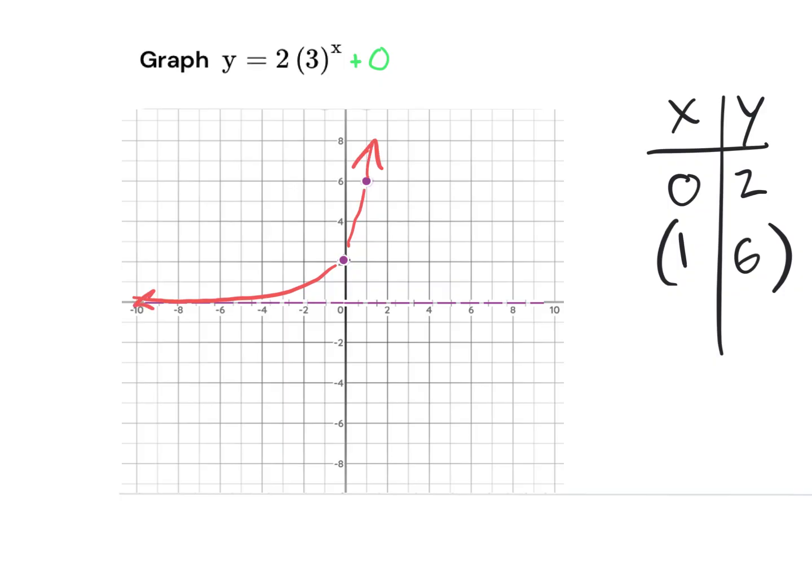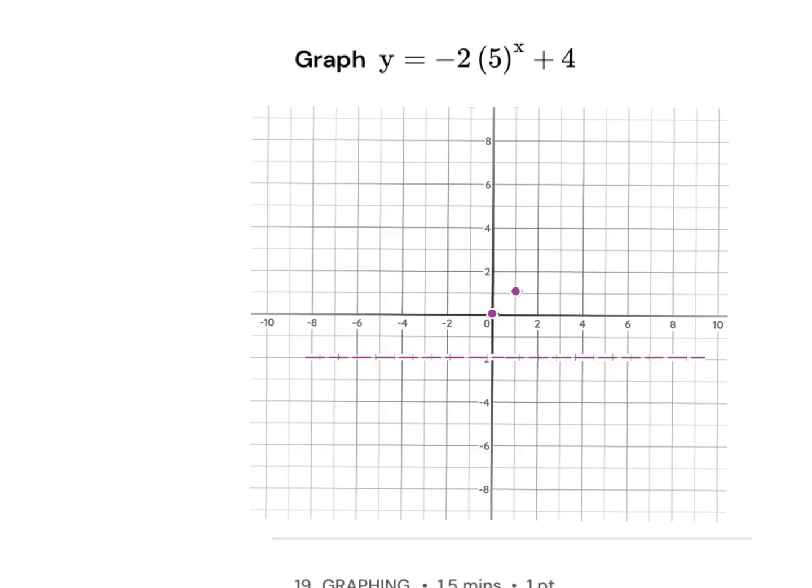Okay, let's move on. Once again, you begin by identifying your asymptote. Your asymptote is y equals k, in this case, y equals 4. So you're going to drag the asymptote that's currently at -2, you're going to move it around to +4, and you're going to leave it right there at +4.